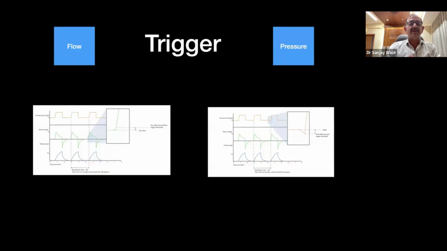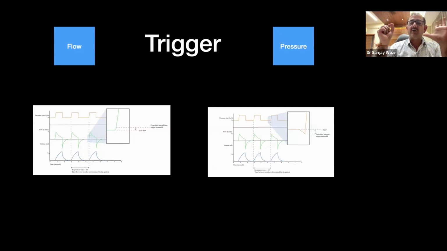So trigger is generally what initiates the breath, and the ventilator senses that the baby is breathing by two methods. One is flow. For example, there is a 5-liter flow going into the circuit. Now the baby breathes in, say, 0.2 liters of air. This is a very hypothetical explanation, but the trigger is set at 0.5.